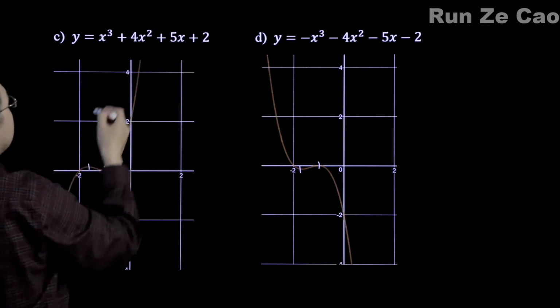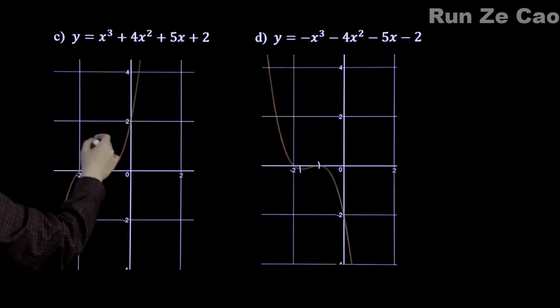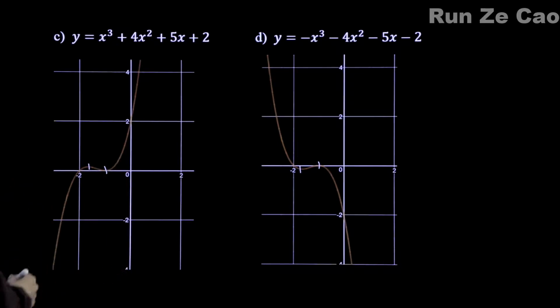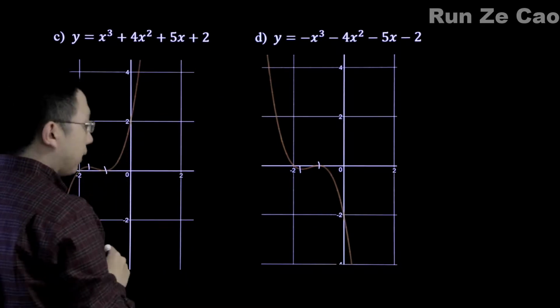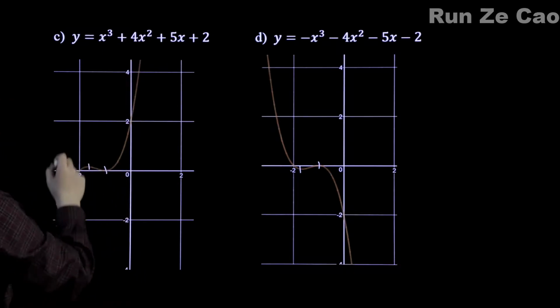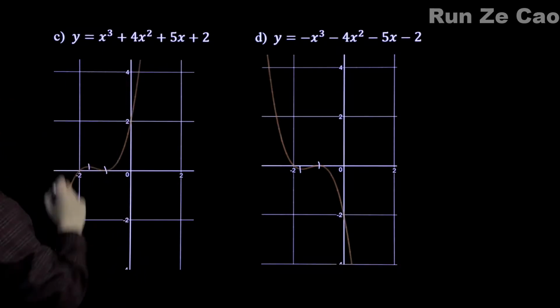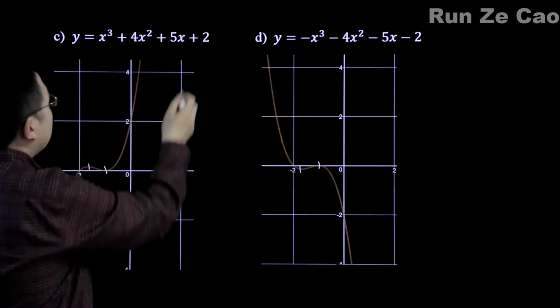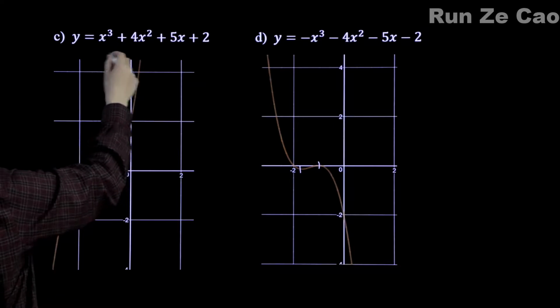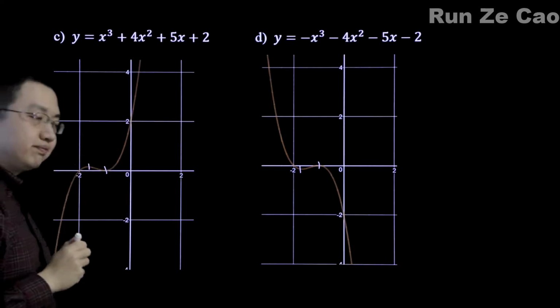And here we have a plus 5x that wrestles it back slightly, since this end goes to negative infinity and that end goes toward positive infinity, compared to what this would have done otherwise, which would have resulted in a much bigger tip over there. And we have the plus 2, which of course moves the value at x equals 0 to 2.